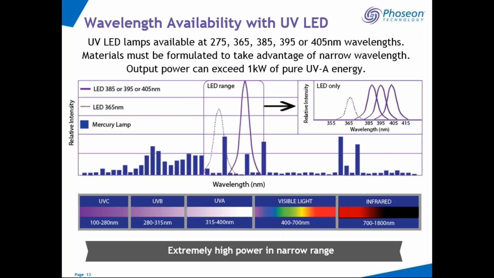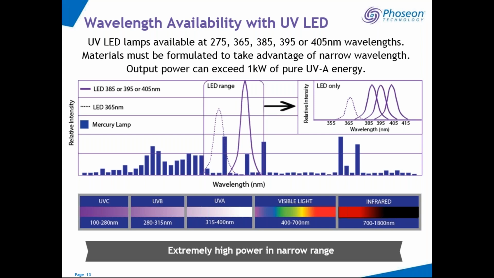The first question we usually get is, what's the difference between mercury lamps and LED? A mercury lamp covers quite a broad spectrum of wavelengths, with a lot of heat and intensity that comes along. Whereas LED is a narrow spectrum, and a lot of times you'll hear things like 385 to 405 nanometer.